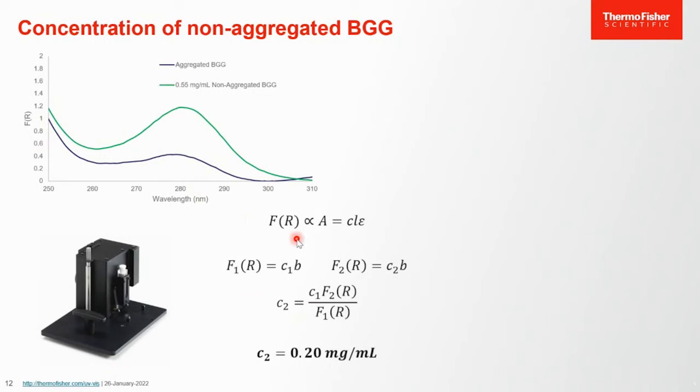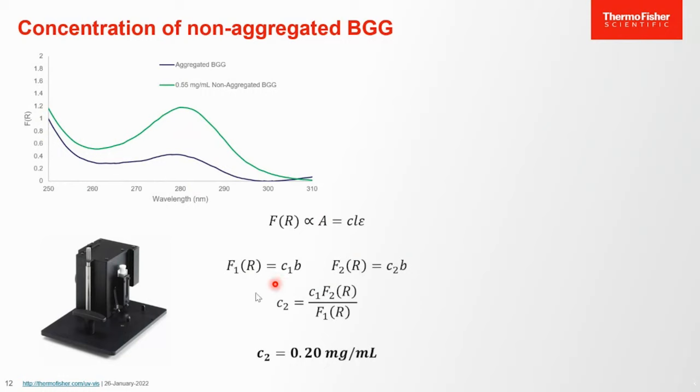And given that we again know that this is proportional to absorption, and absorption, according to Beer's law, is equivalent to concentration times path length times molar absorptivity, we can infer that we have a relation in which the collected Kubelka-Munk signal is equivalent to concentration times some constant that is uniform between the two samples.